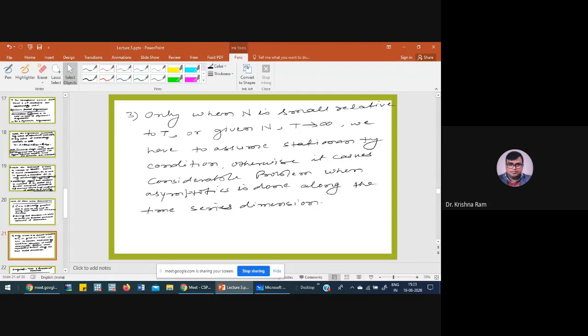In that case, of course, we bother about the time series econometrics aspect in the data set, and that may relate to the stationarity condition. You may have heard about stationarity and non-stationarity. If you do not deal with that, then the persistence part creates a considerable problem.